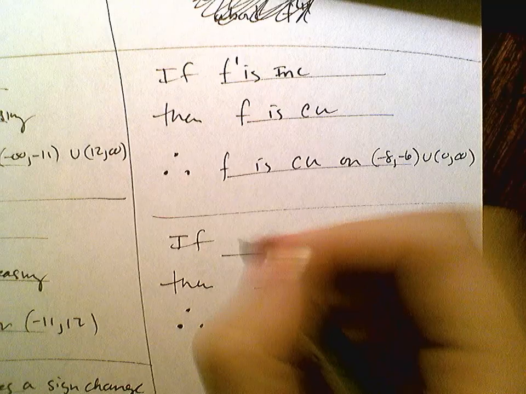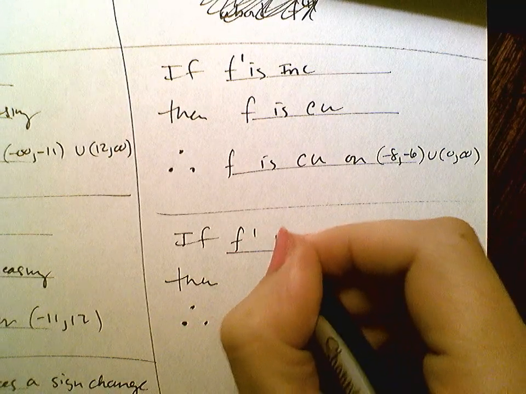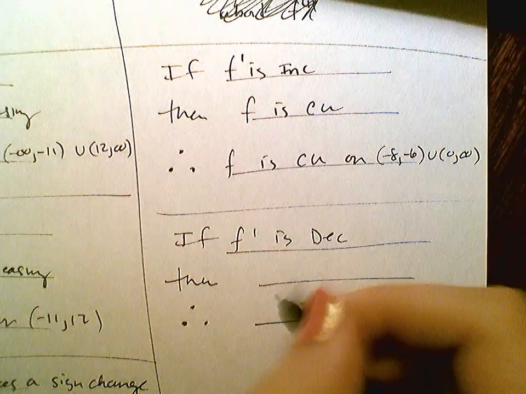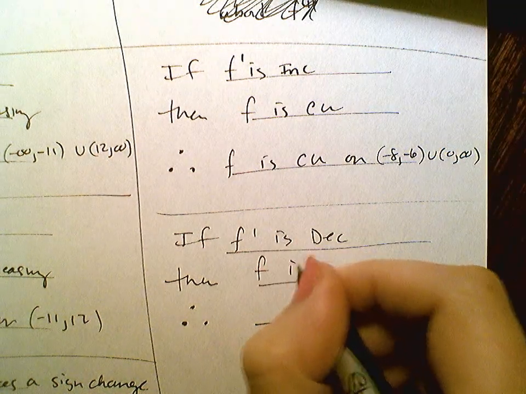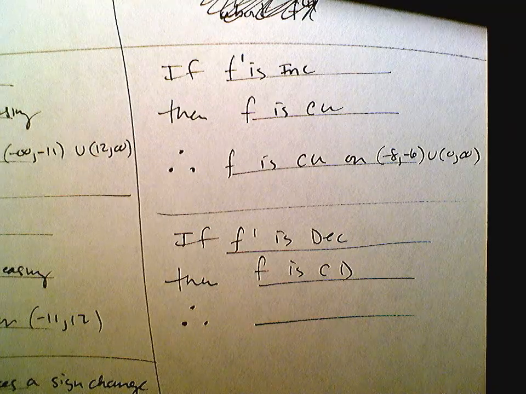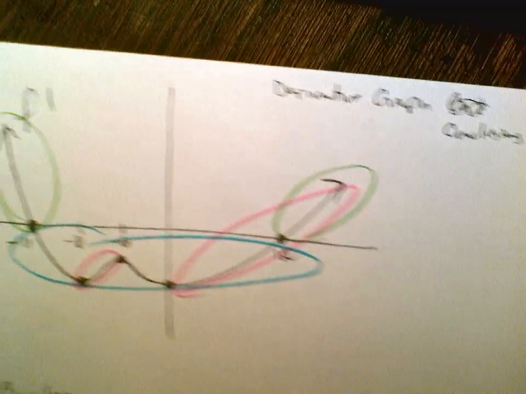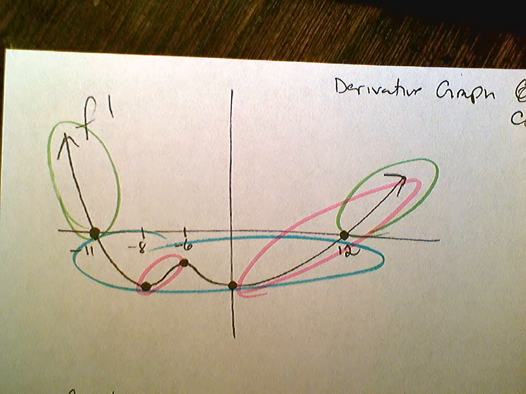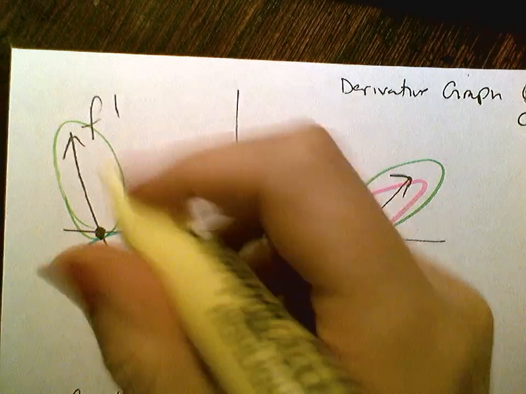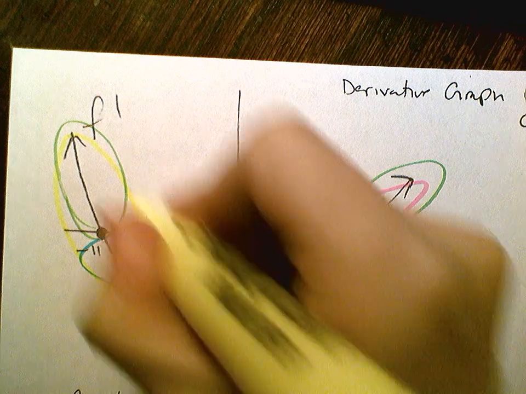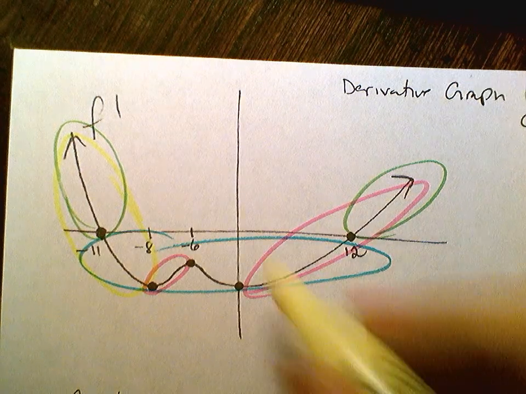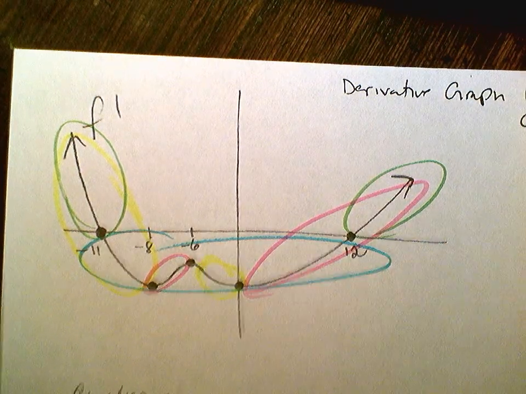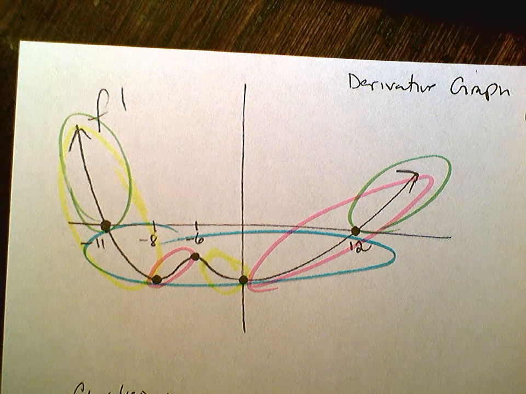This time we're going to have if f prime is decreasing, then f is concave down. All right, so let me look for where f prime is decreasing. It's decreasing there, and there.